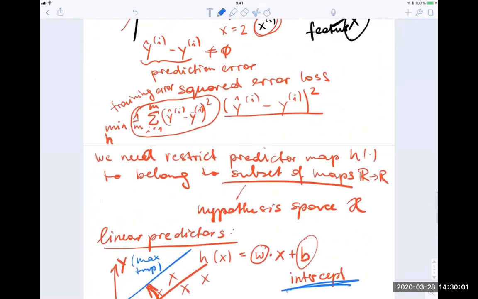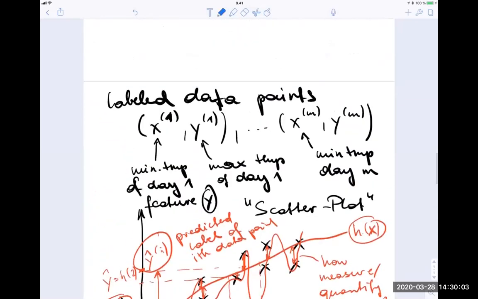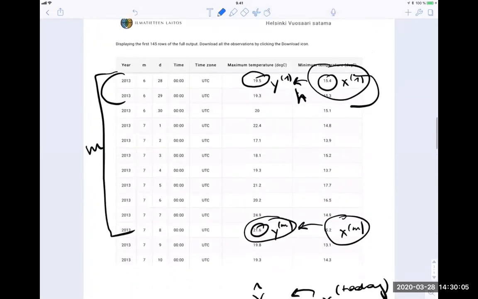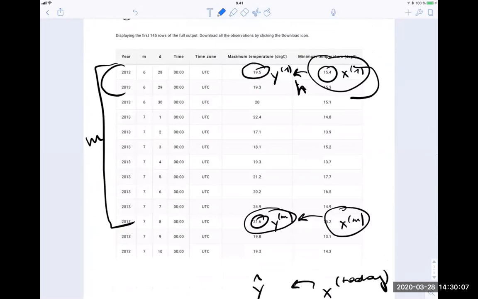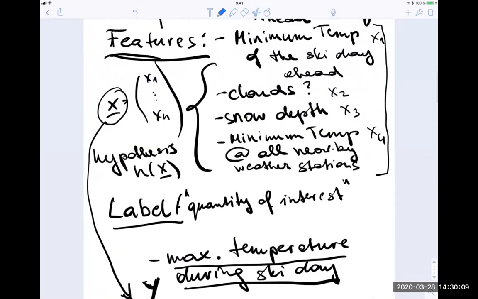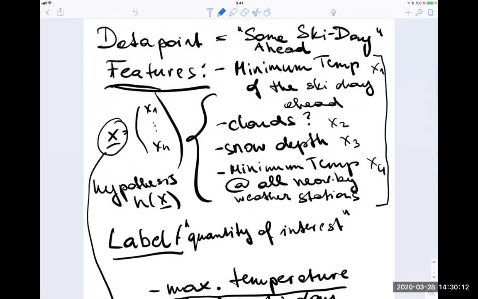So these are the 3 components, by the way, of machine learning. First component, data, data points. A data set is a collection of data points, which are elementary units of information or data, of similar type. In our case, one data point corresponds to some ski day ahead.